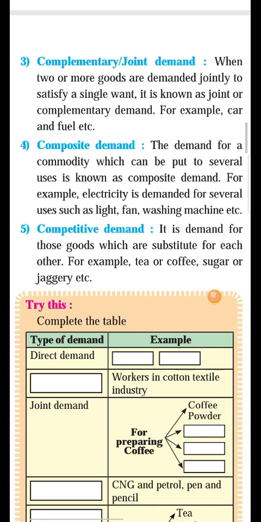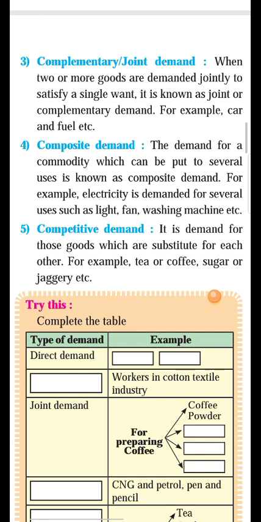Next, the fourth one is composite demand. Composite demand means when a single commodity satisfies many wants of the society. The best example of composite demand is electricity. The demand for electricity is composite demand, because with electricity many home appliances are running, for example fan, tube light, washing machine, television, mobile charging, AC.